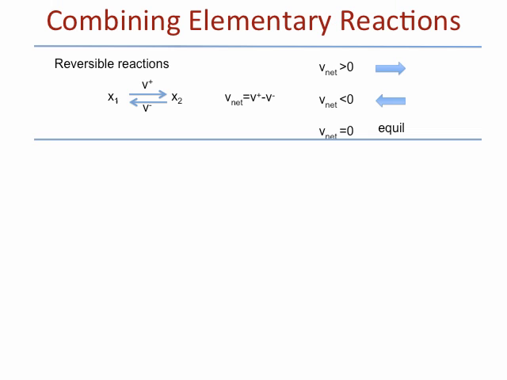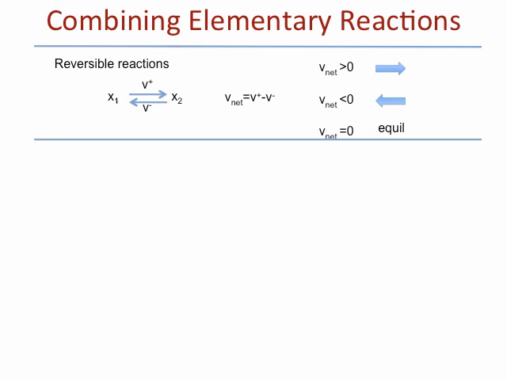And then there is the equal and opposite reaction when X2 is being converted to X1 through a reaction designated by V superscript minus. These are two elementary reactions that are working in exactly the opposite directions.